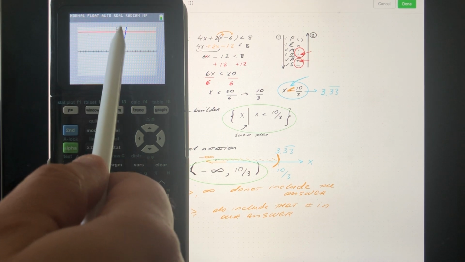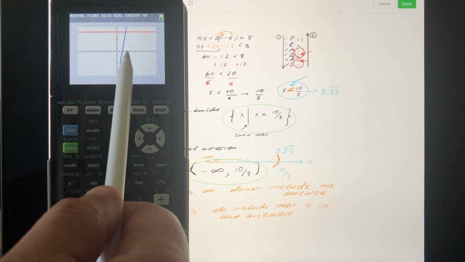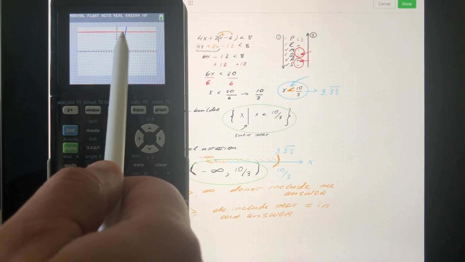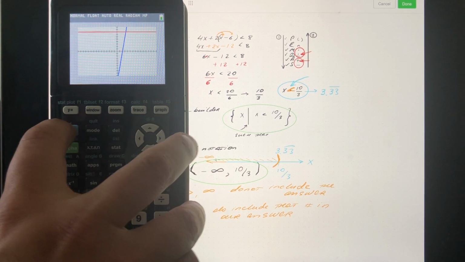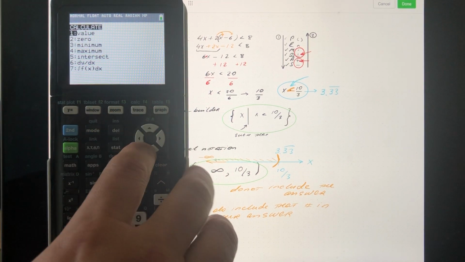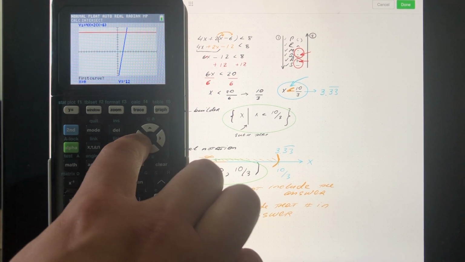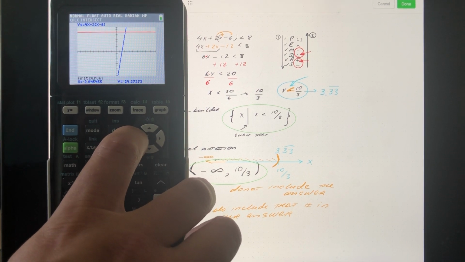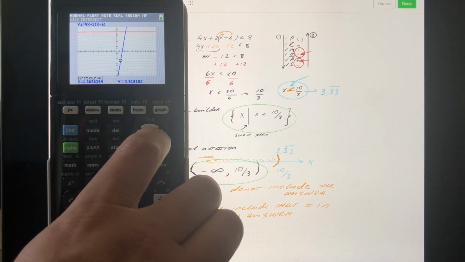Before the two lines crossed, the blue line was below the red. Now where did they cross? We can use the calculator, second calculate, and find the intersection. So here we need the cursor. I'm way down, so I need to move the cursor.